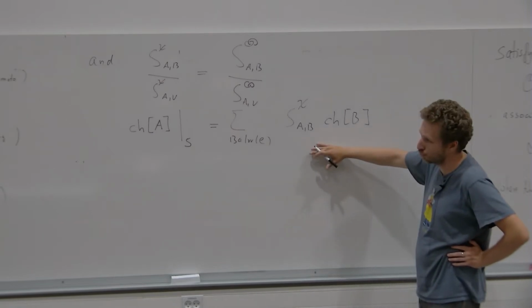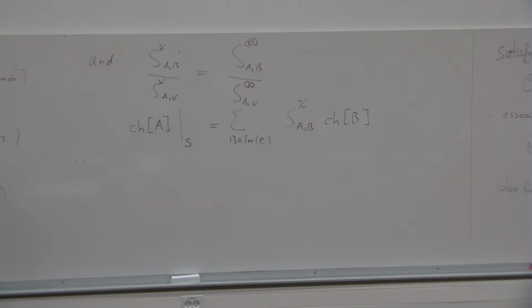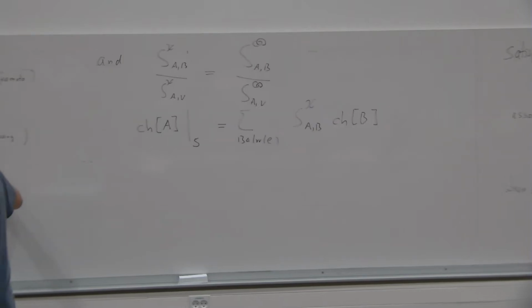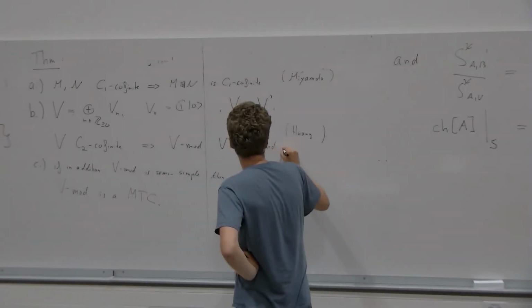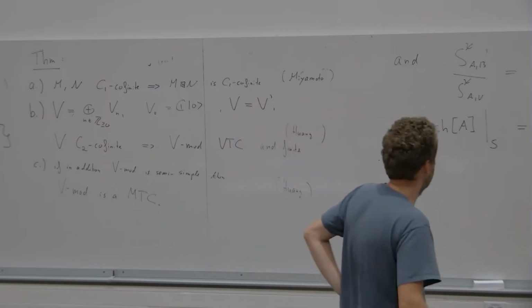Here it's a true linear combination because C2 cofiniteness turns out to imply already that this category is a finite tensor category. It doesn't imply that it is semi-simple.